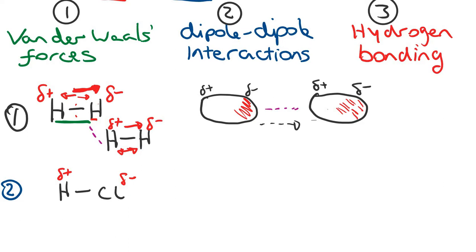So if I want to talk about the forces between two molecules of hydrogen chloride that have a permanent dipole, that is, they have permanent partial charge, then it's fairly straightforward that the interaction there will be between the partially negative chlorine and the partially positive hydrogen atom. That interaction there is the dipole-dipole interaction.